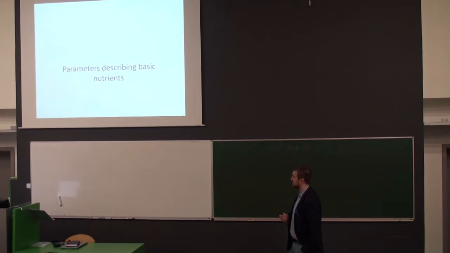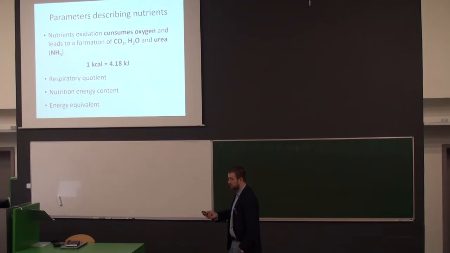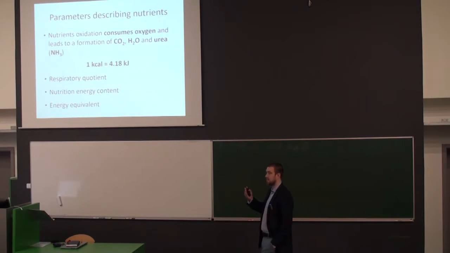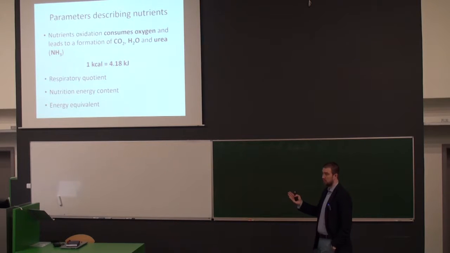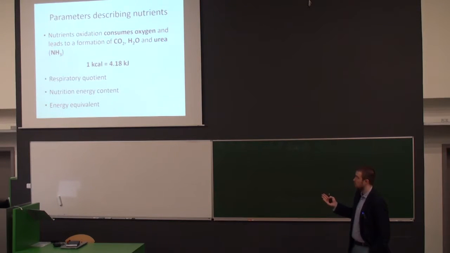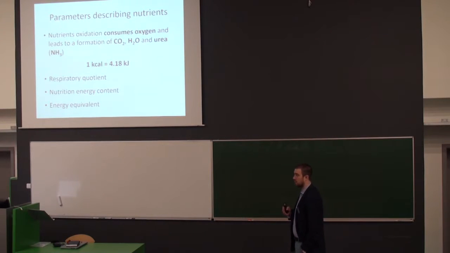If we look at the parameters that describe the nutrients, the nutrients are oxidized in our body. That means that from saccharides, lipids, and proteins, plus oxygen, you produce reduced cofactors. And then these reduced cofactors enter the respiratory chain.